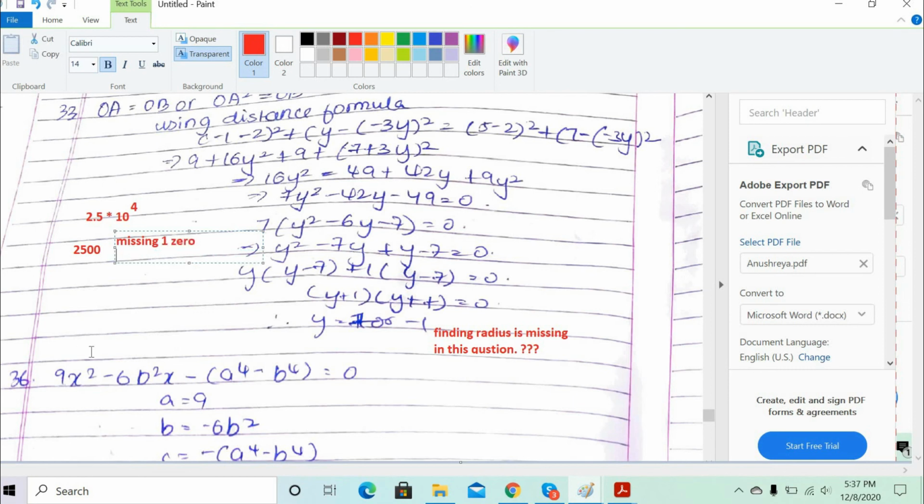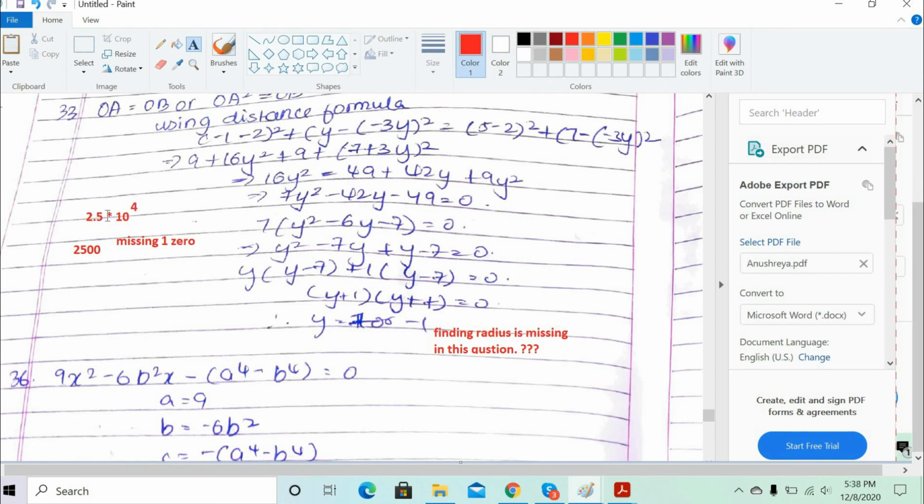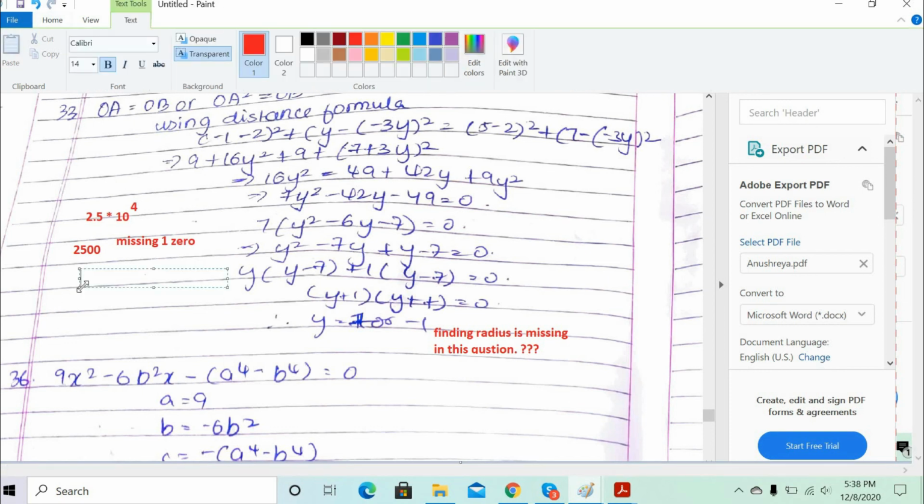This is another problem that can happen, so we have to avoid it. Always ensure the decimal point is moved one place, so you subtract one from the power and mention 2500 as the answer.